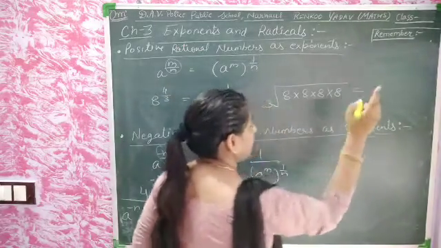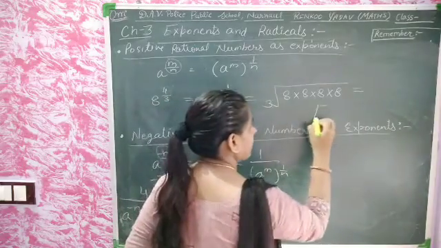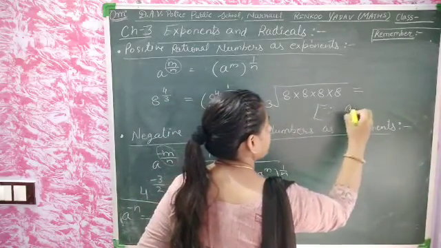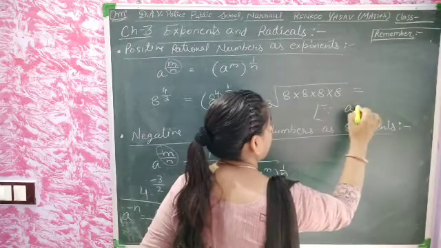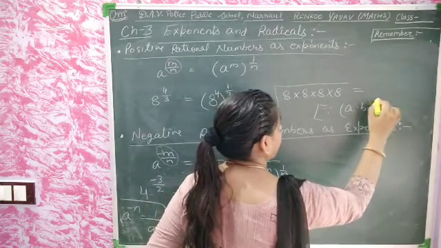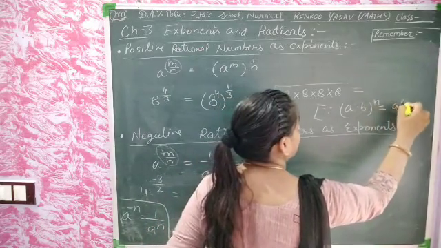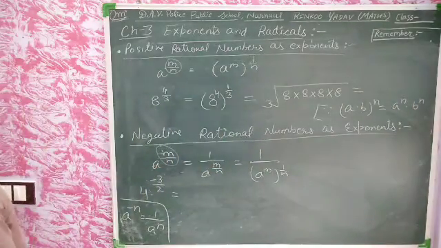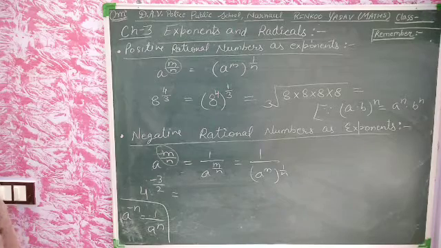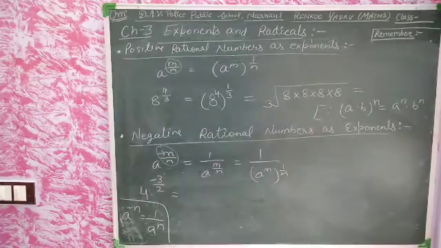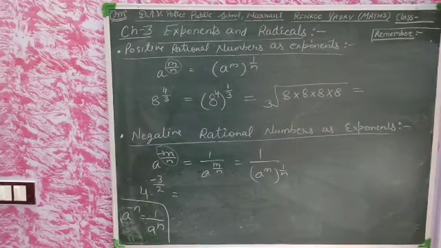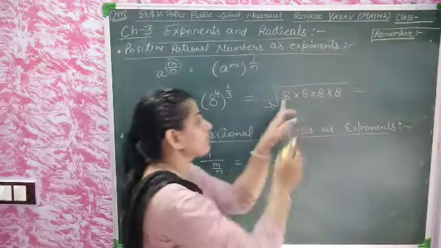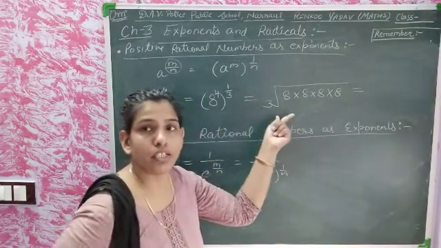Now students, we have the property we already know: a into b to the power n is equal to a to the power n into b to the power n. Is this clear, students? Now there is this number, and we have to find its cube root.